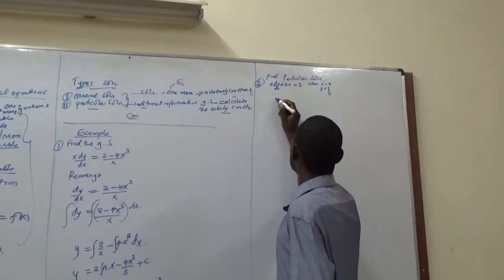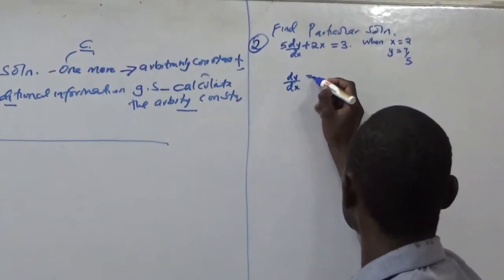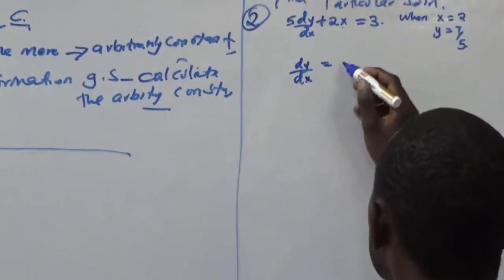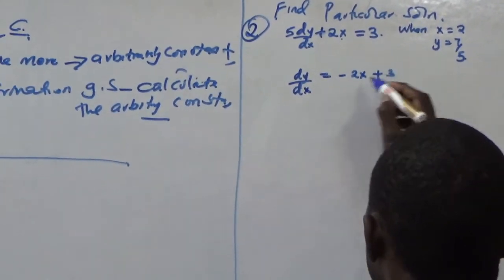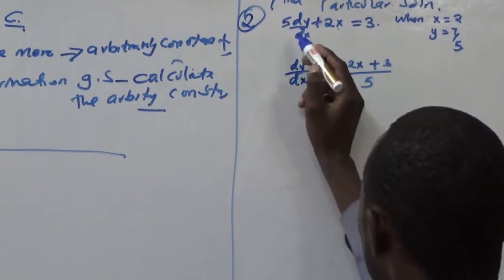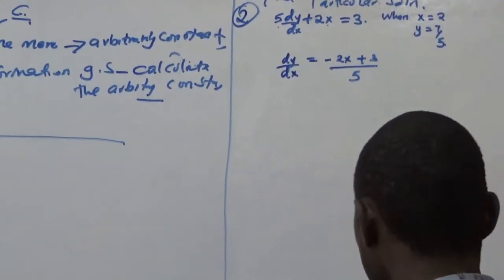So in this case, you have dy over dx equals to, take this on the other side, minus 2x, then plus 3, then divide by 5. You will move this 5 to the other side, also 2x to the other side.